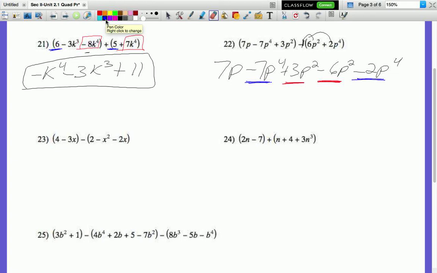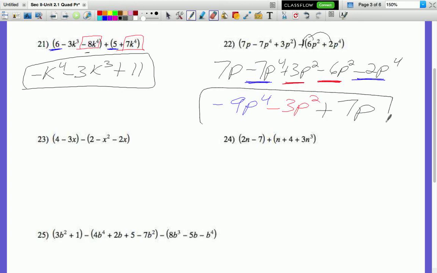So I take -7p to the fourth, I minus 2p to the fourth. I get -9p to the fourth. I take 3p squared, because that's the next highest exponent, and I minus it to -6p. I get -3p squared. And then 7p, since it's all by itself and it's positive, just comes down like that. And we are done.